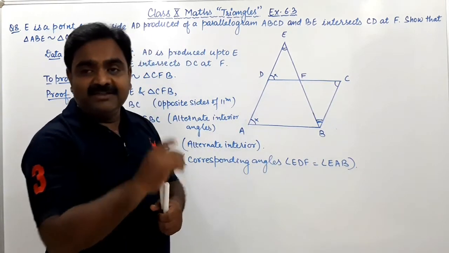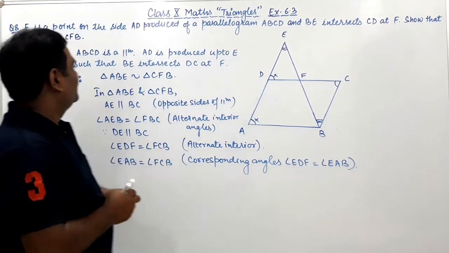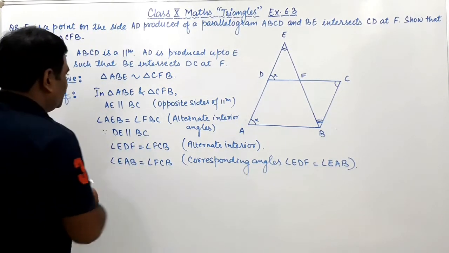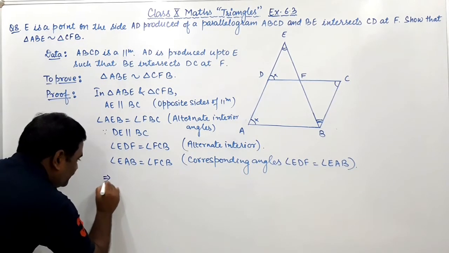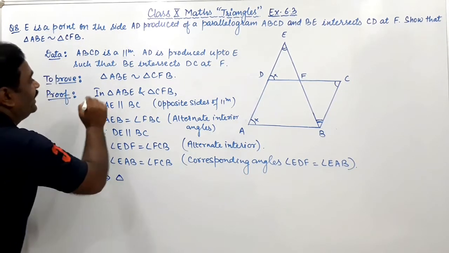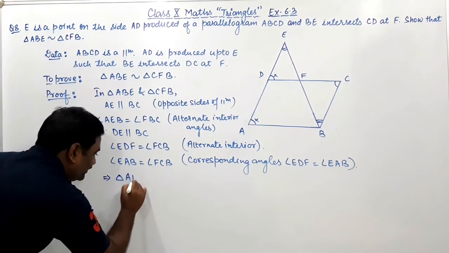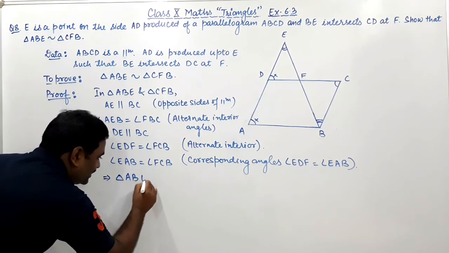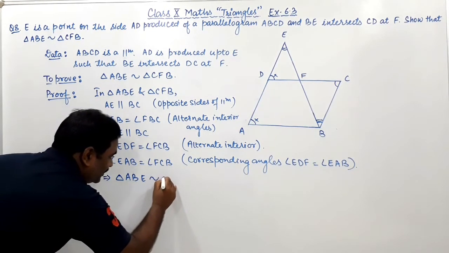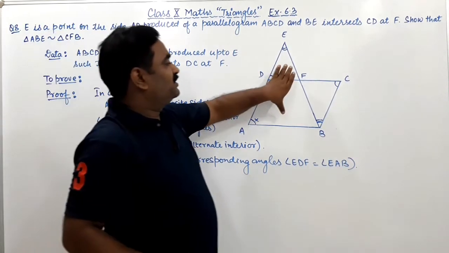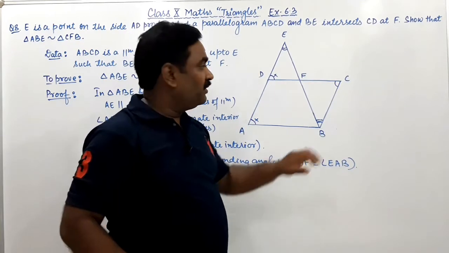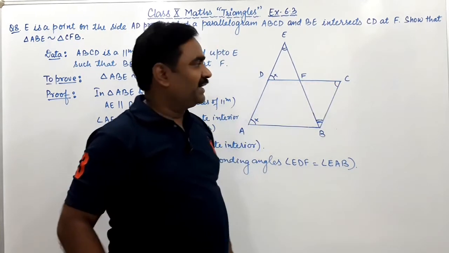Now in these two triangles, angle EAB and FCB, two corresponding angles we got equal. So therefore these two triangles are similar by angle similarity. Therefore triangle ABE, we started with ABE, this big triangle we took. Now we have to compare it with FCB.